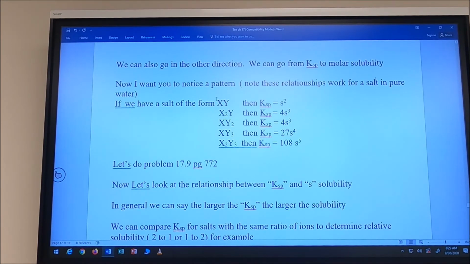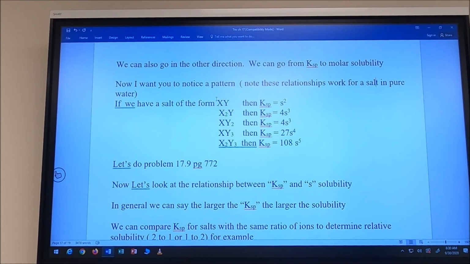Okay, so if we have a salt that's got one cation to one anion, the KSP is going to equal the solubility squared. If I've got two cations to one anion, it's 4s cubed. If it's one cation to two anions, it's also 4s cubed. If it's one cation to three anions, it's 27s to the fourth.